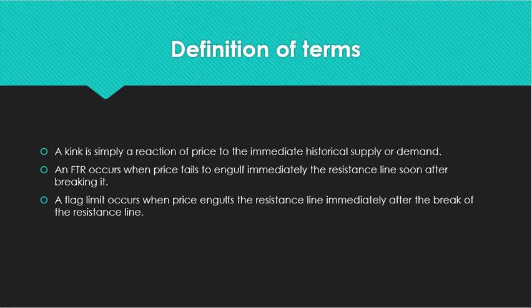So let's go to the definitions. You see that there are some elements that we are going to be talking about in this journal article. A kink is one of the terms that we use at Chartmaster FX. So you just need familiarity with what we mean when we say that there is a kink on price.